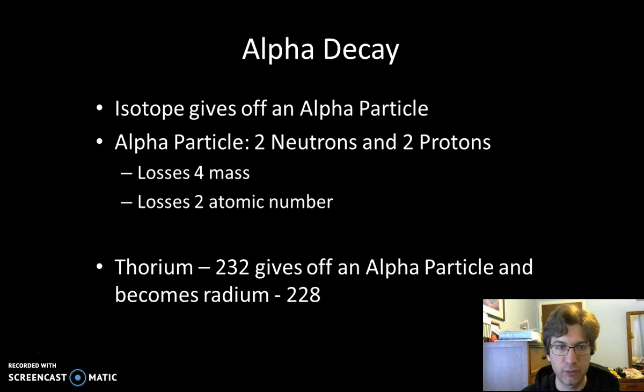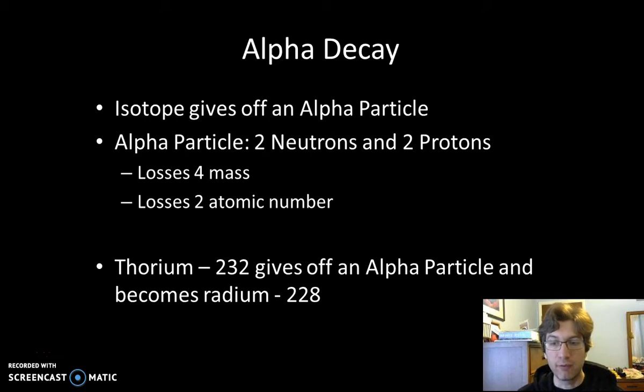If you think about that, 2 neutrons and 2 protons together is actually the nucleus of a helium atom. You can think of helium as having 2 protons, and sometimes 2 neutrons. So you can think of an alpha particle as a helium atom without the electrons.